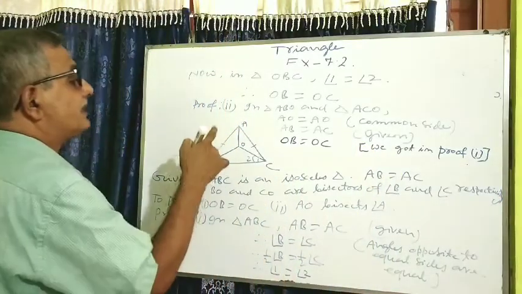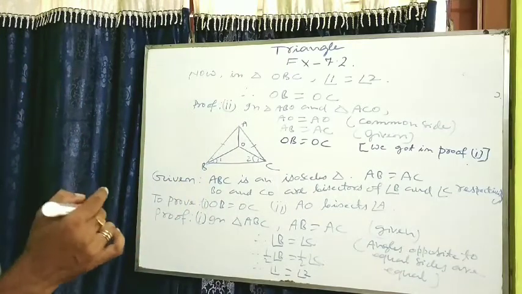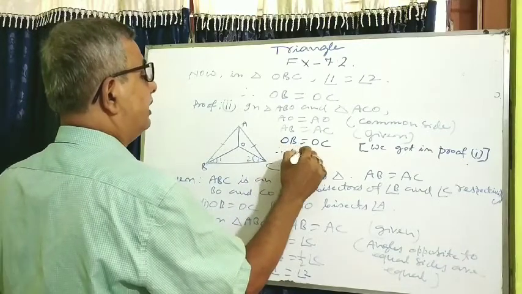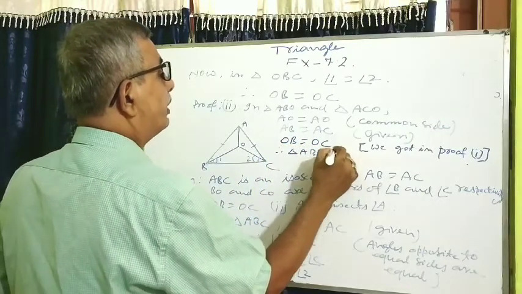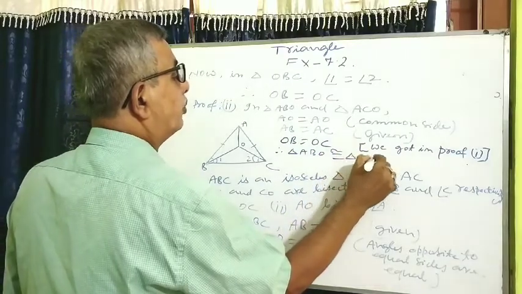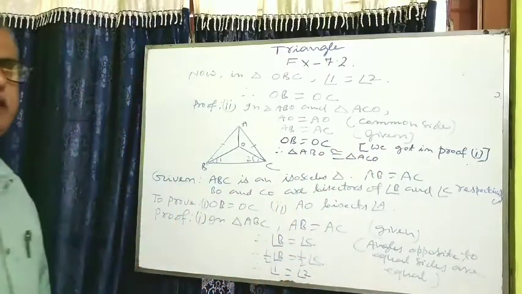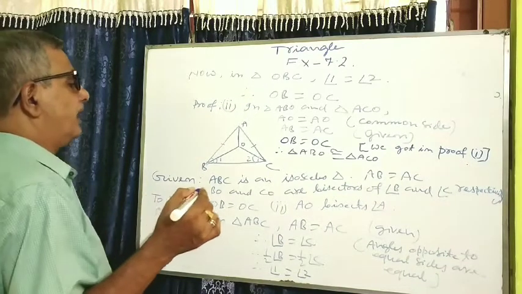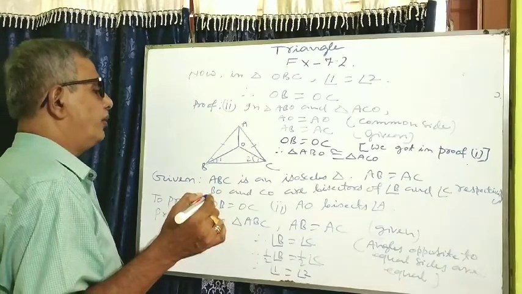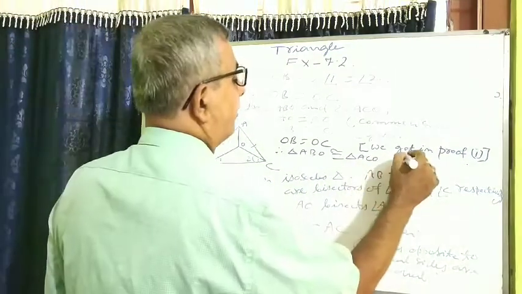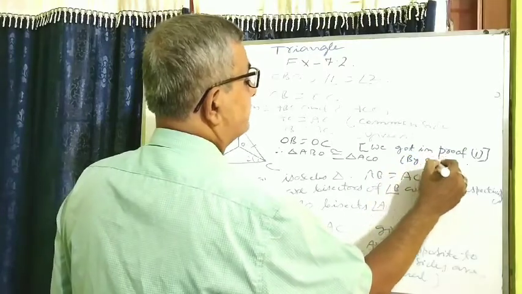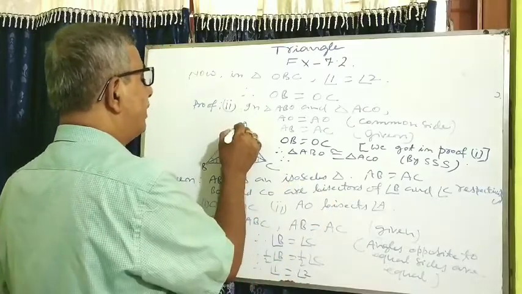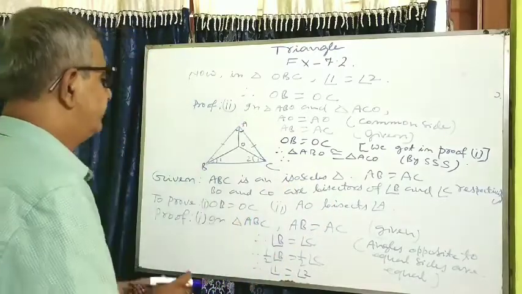So you see, by side, side, side we can take these two triangles as equal. Therefore, triangle ABO is congruent to triangle ACO. One postulate is there: if in two triangles, three sides of one are equal to the three sides of the other, then both the triangles will be equal. So it becomes by side, side, side. Okay. When these two triangles are equal, that means what? This angle is equal to this angle, you can write.